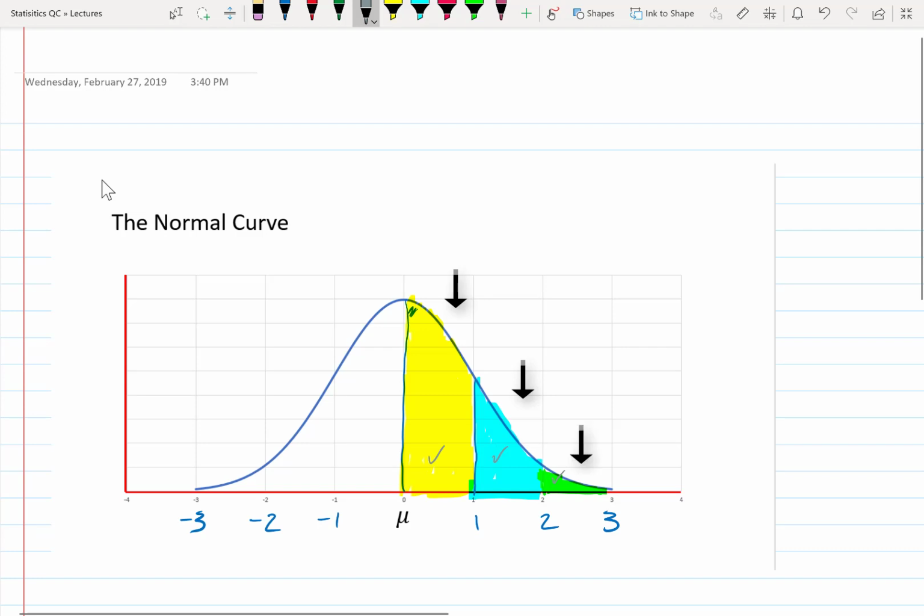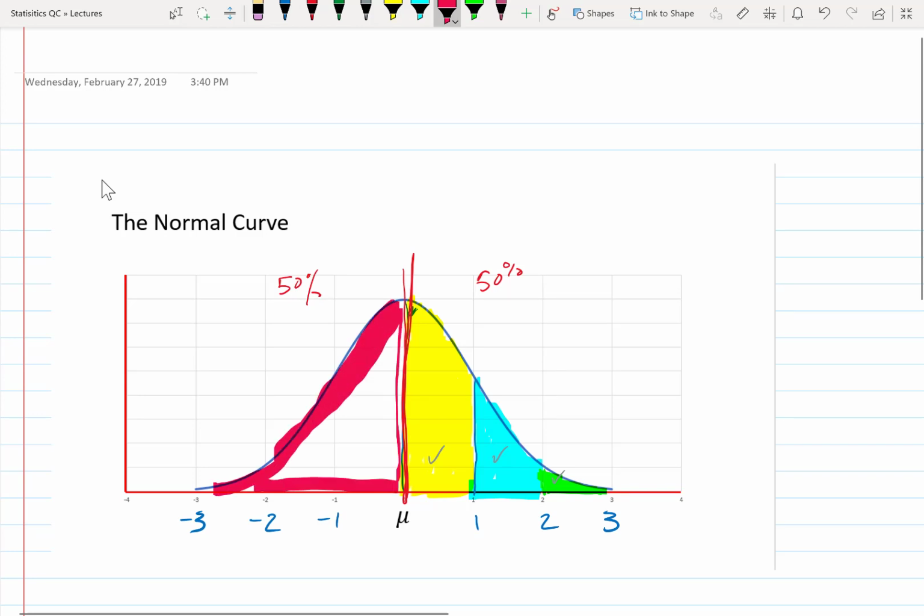That is a total of about 49.9% to be precise. It should be obvious, of course, that 50% is above the mean and 50% is below the mean. And I'm just going to put that on this side over here to represent it in red.